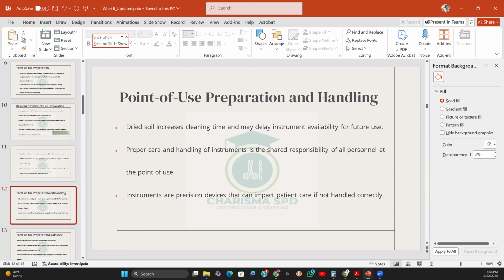Dry soil increases cleaning time and may delay instrument availability for future cases or future use.